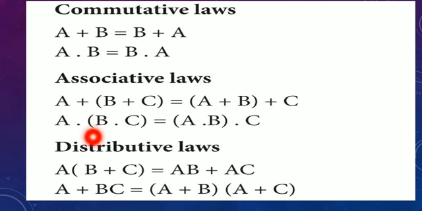And next is a dot b into c, which is equal to a into b dot c. And distributive law is nothing but both sum and dot product will come. That's why see that a into b plus c is equal to ab plus ac. And see the next one, a plus bc is equal to a plus b into a plus c. Okay students, right.